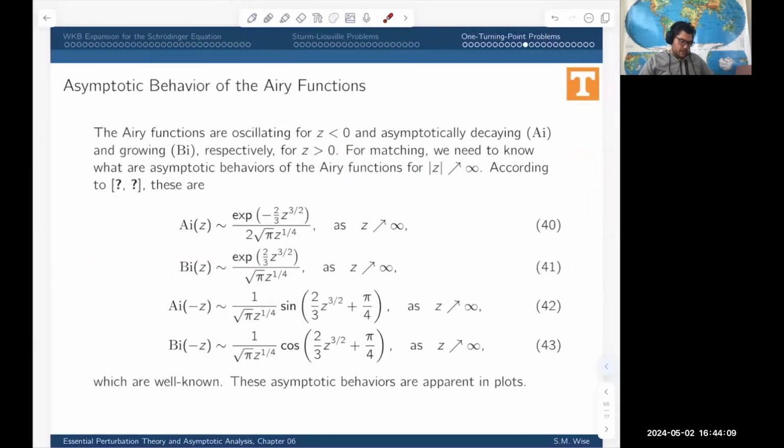So we need to know the asymptotic behavior of these two Airy functions, as I mentioned earlier. This is exactly the formula that you're trying to prove with your steepest descent or saddle point method using that contour integral. So you want to obtain either this one term, or two terms, or an infinite number of terms.